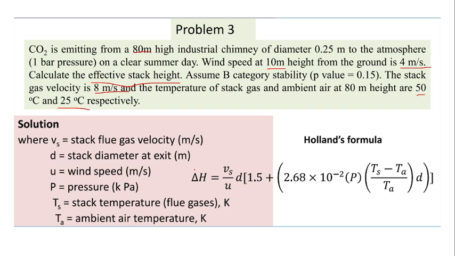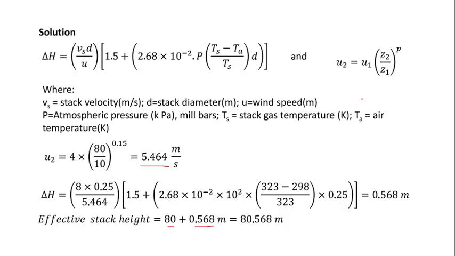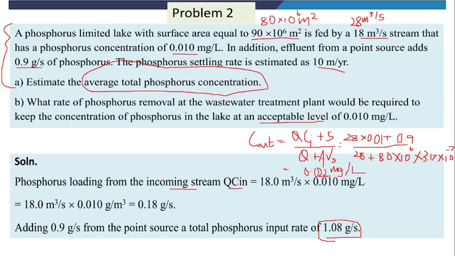So in the air pollution, we have seen two different problems. One is using the Holland's formula, which is going to calculate delta H, and then capital H is calculated from delta H by the Holland formula, and small h is already given in the question. And the next type of problem we have seen is a water pollution based problem.